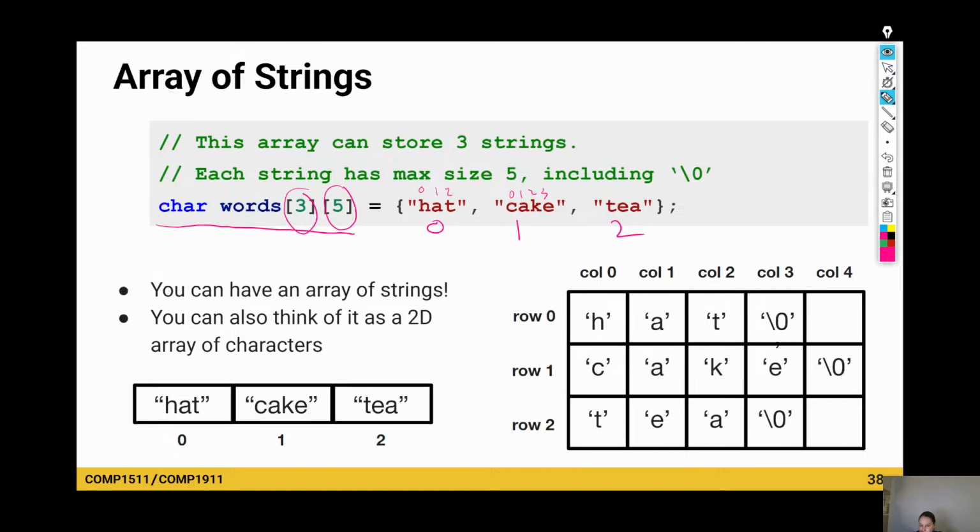So we can visualize it as a 2D array of characters like this, and manipulate it by the character. Or we can think of it as a one-dimensional array of strings like this. It depends what we're doing as to which one will be more helpful.